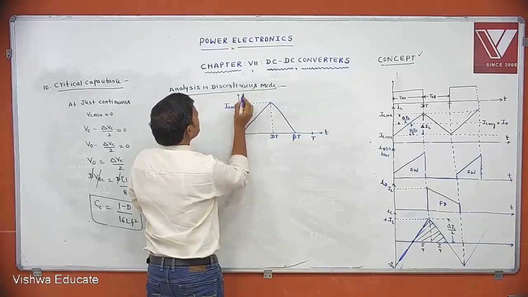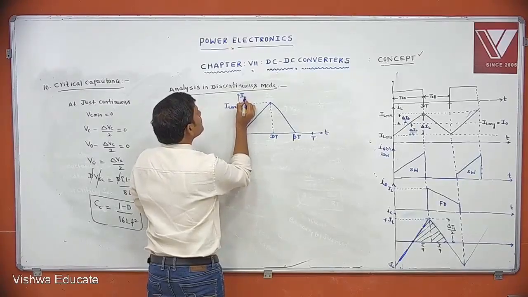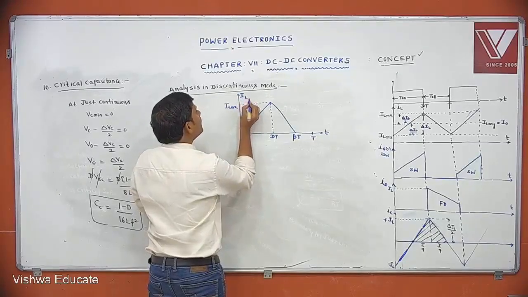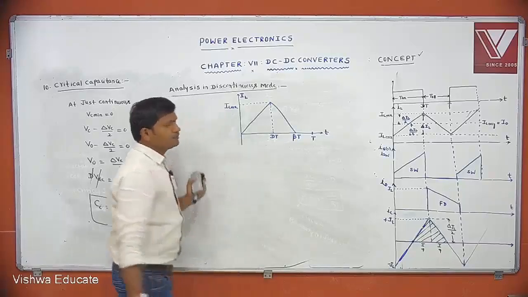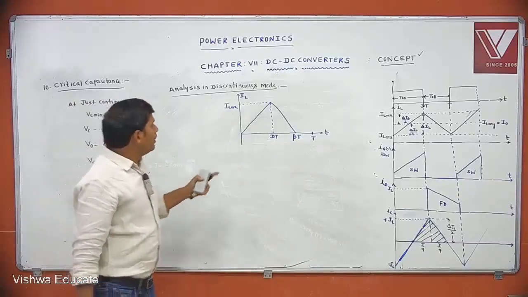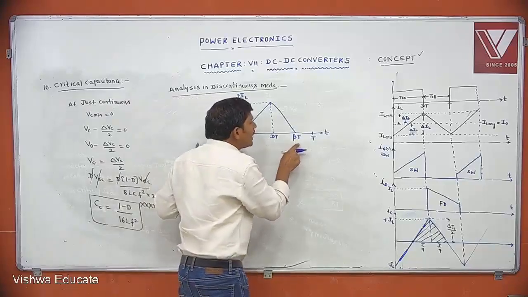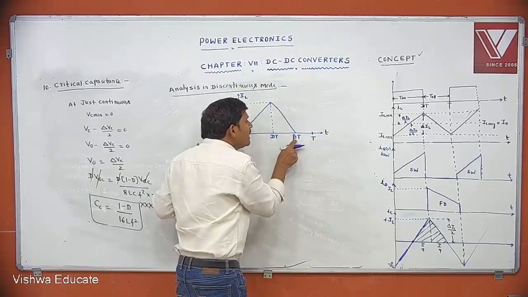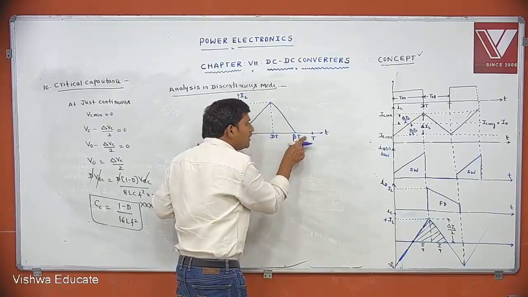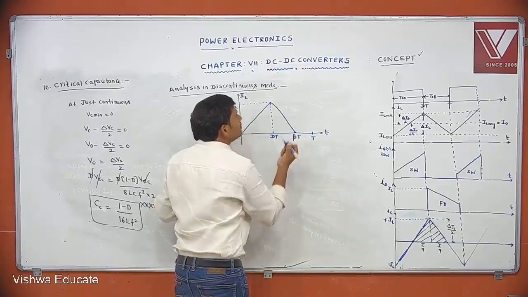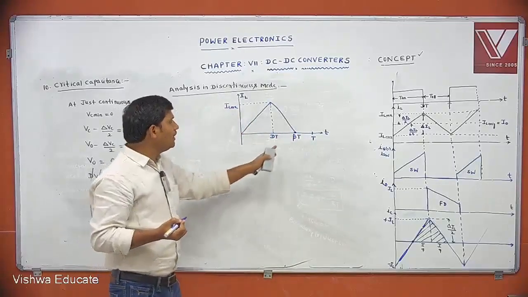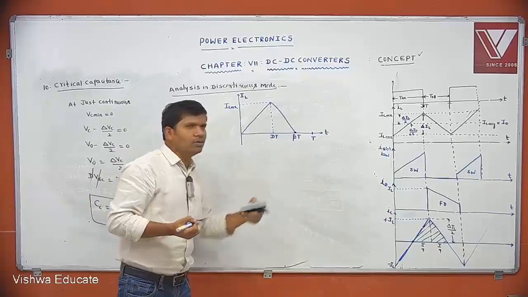But what is IL minima? This is the IL waveform, the inductor current waveform. Beta is the fraction at which the current is 0. At beta T, IL minima equals 0.